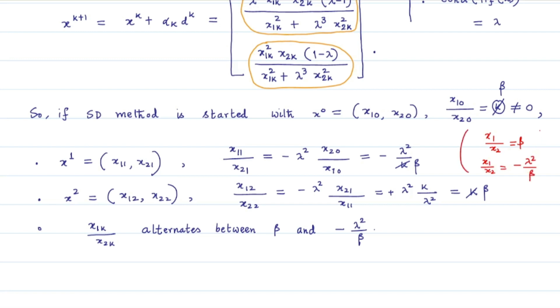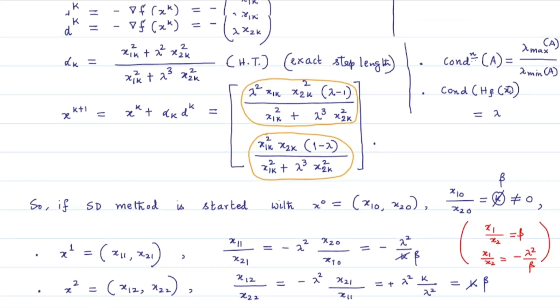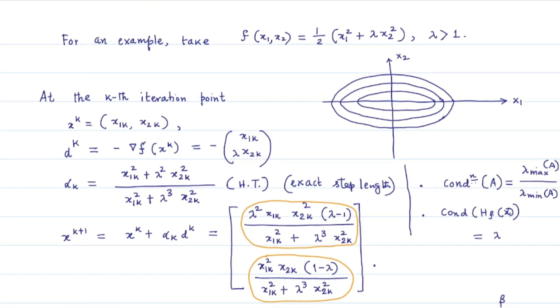Let us draw these two lines in the level curves over here. Suppose this is the line x2 is equal to 1 by beta x1, and suppose this line is the line x2 is equal to minus beta by lambda square into x1.